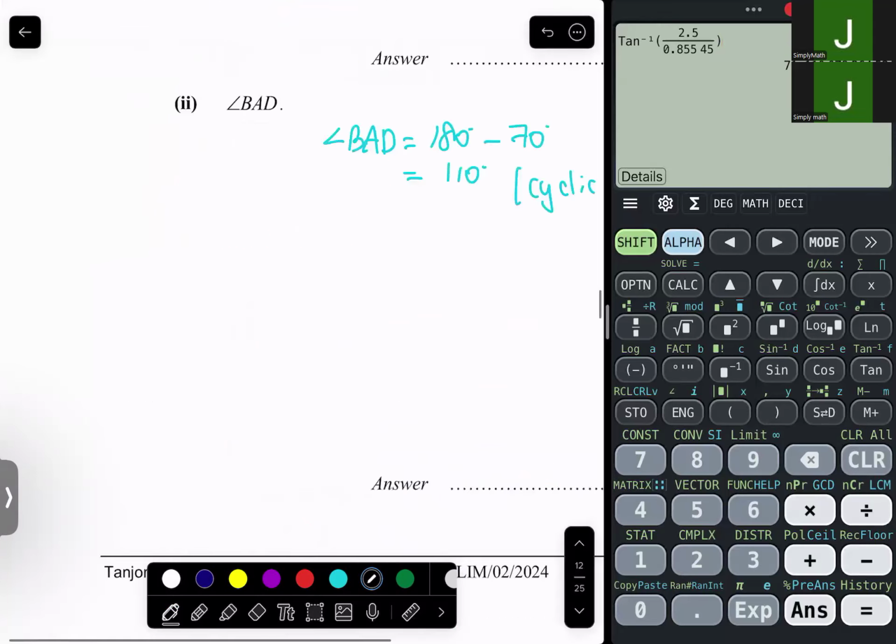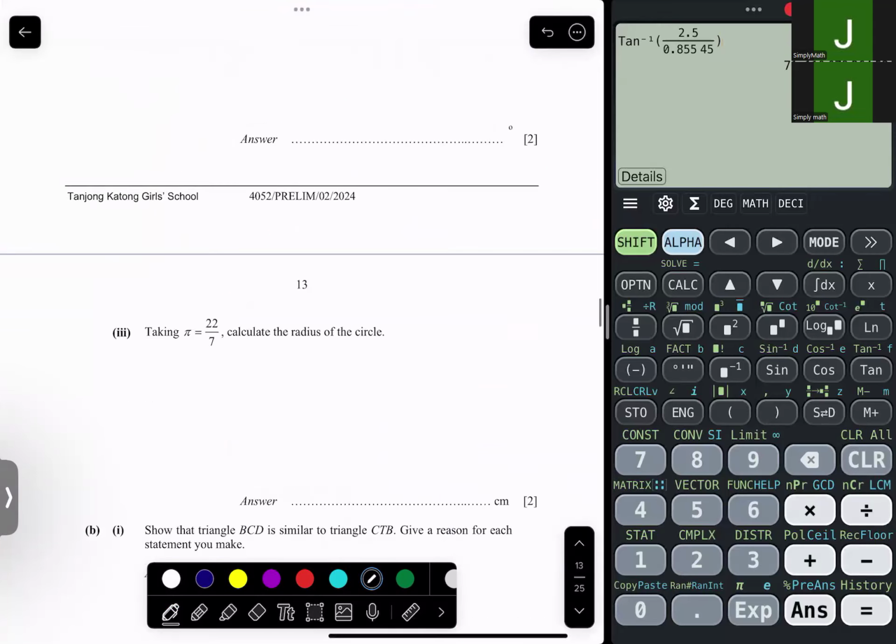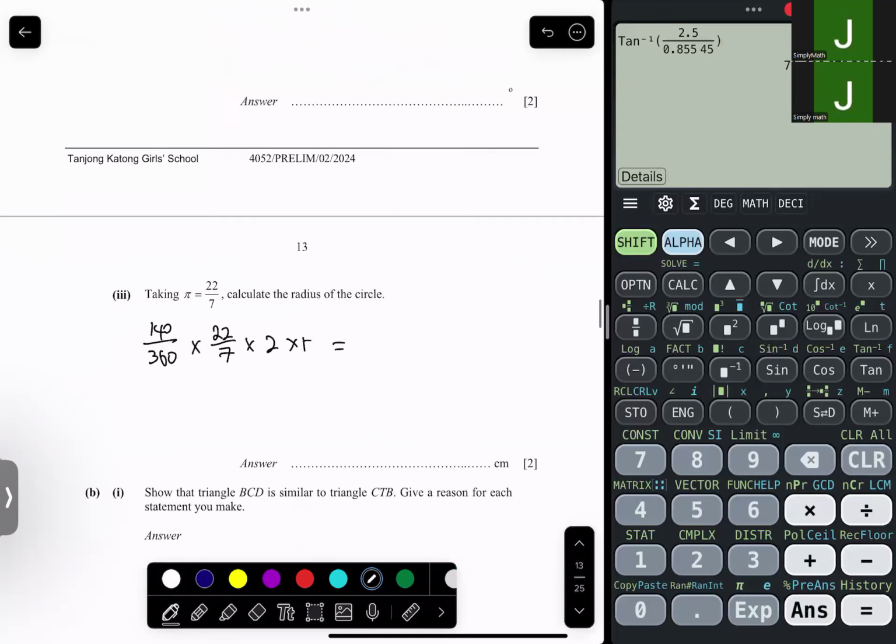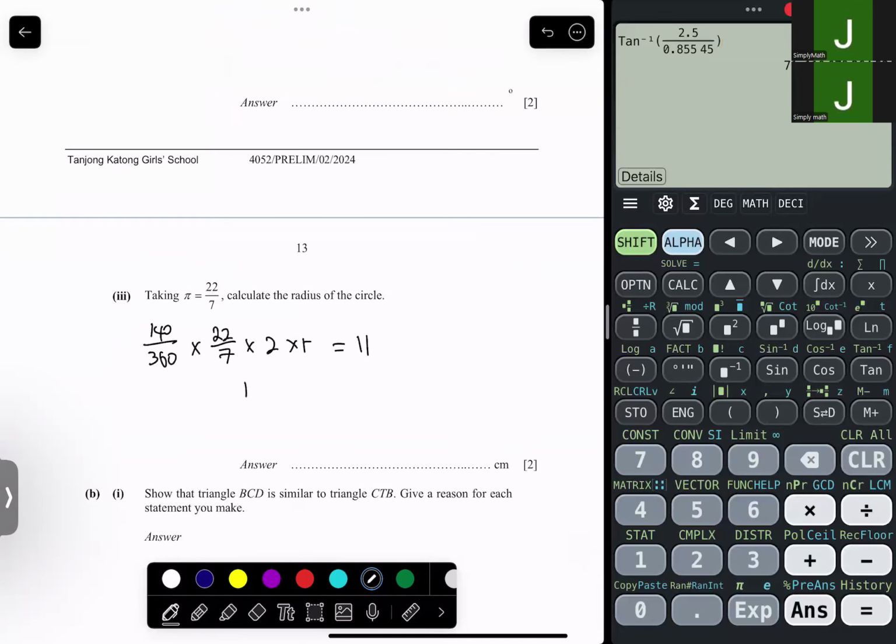Okay, so we'll have pi times diameter, or rather 2 radius times 140 over 360, equals to 11. So R equals to 11 divided by the whole chunk, 140 over 360 times 22 over 7 times 2.